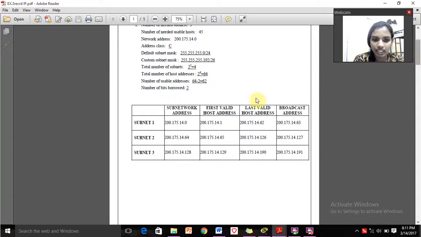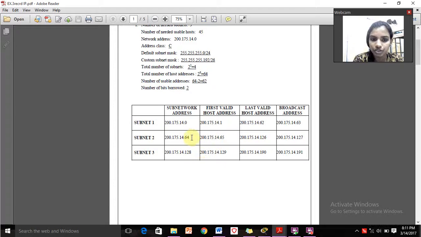This is the table. These are the first, second and third subnet addresses. For the first network address, it will be starting from 200.175.14.0, that will be the network address, and the first valid host will be 14.1. From there, 62 host addresses will be there, so the last valid host address will be 14.62, and the remaining one will go for the broadcast address, that is 63.